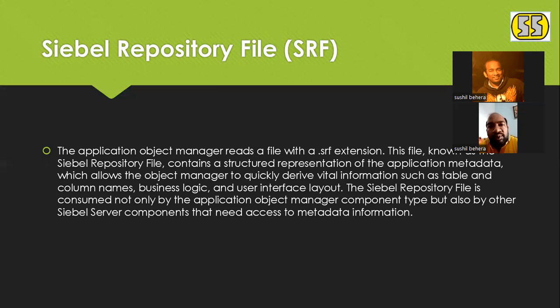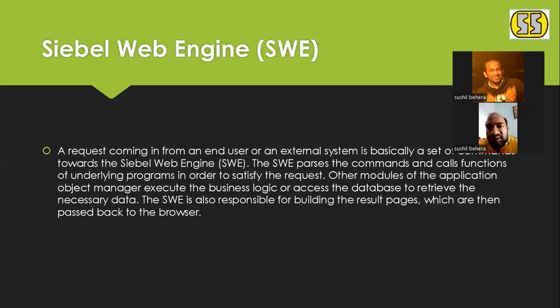Then only we will be able to see it in our application, else it will not show. That's why we call it the repository file: it makes all our objects available in the application. Okay, let's move to next.